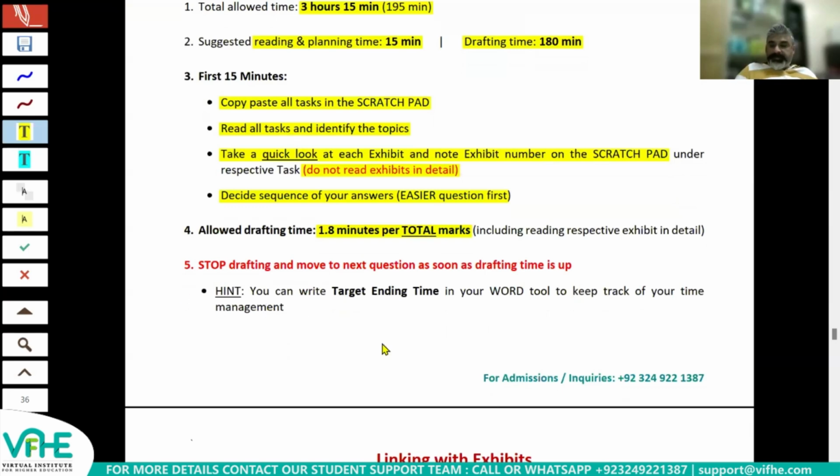Point number 5. Stop drafting and move to the next question as soon as the allowed time is up. So let's say we have allocated 18 minutes, right? And the 18 minutes are up. What do you do now?